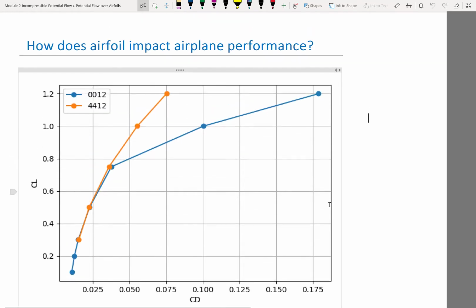But if you look at the drag versus lift curve, they are quite different, right? And we're going to see throughout this subject, not just in this class, what is really making that difference. In particular, you see that for the symmetric airfoil, when you are trying to get a larger lift coefficient, the drag is going to be much higher.